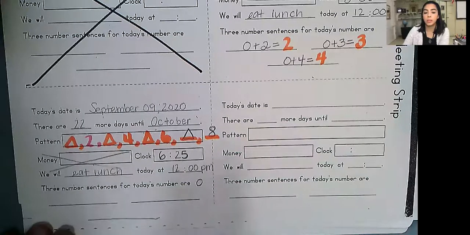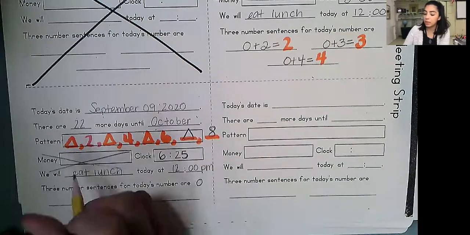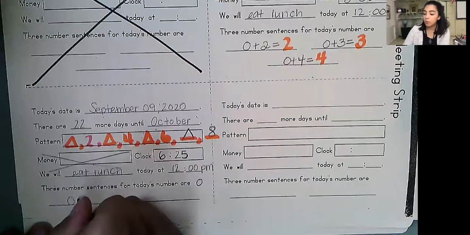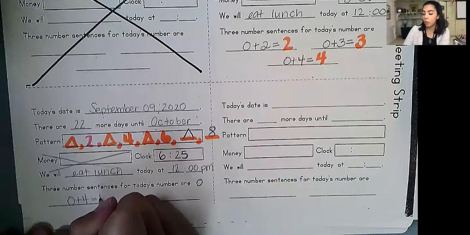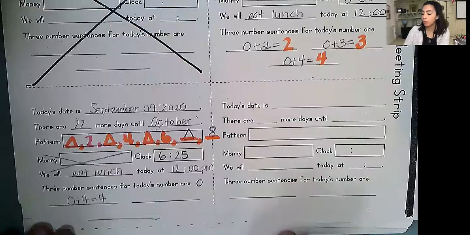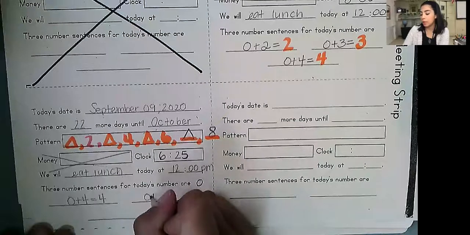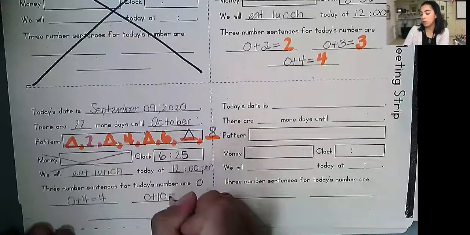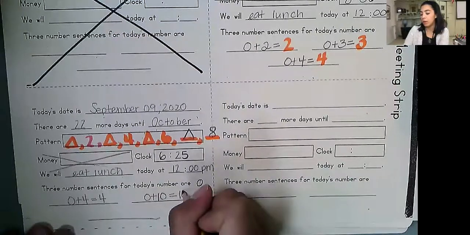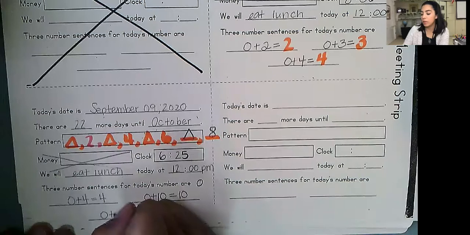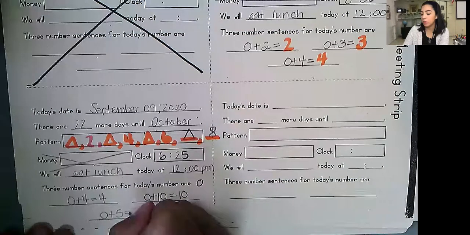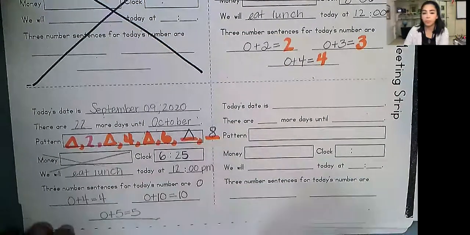Your number sentences might look different, but for me today, I am going to write 0 plus 4 equals 4, 0 plus 10 equals 10, and then 0 plus 5 equals 5.